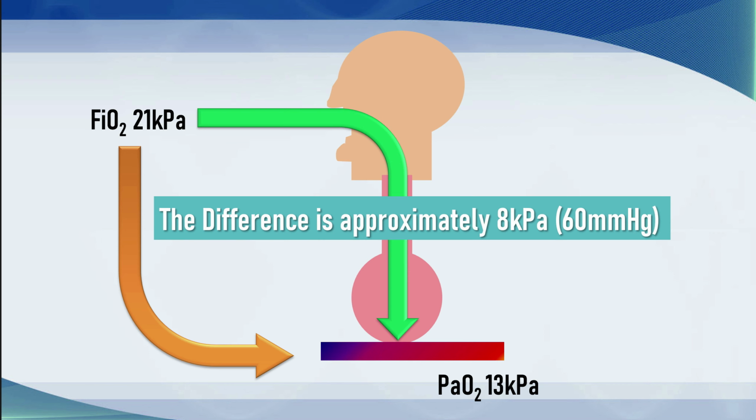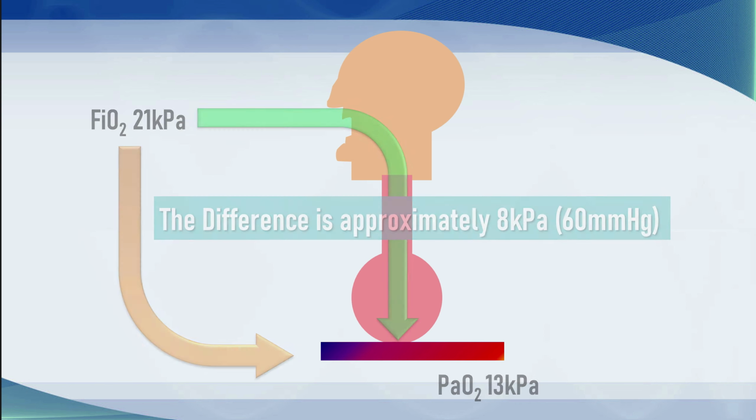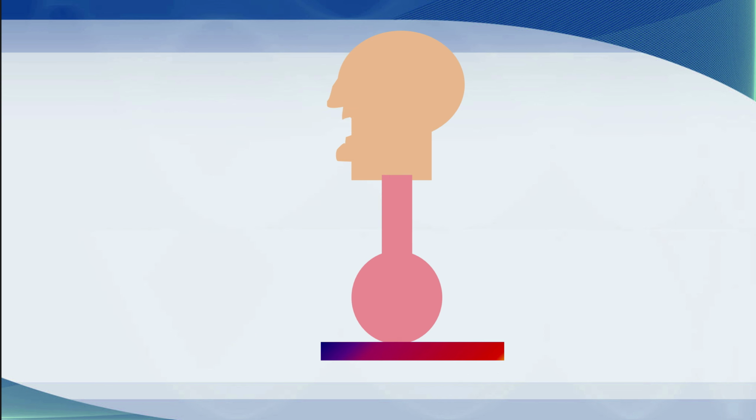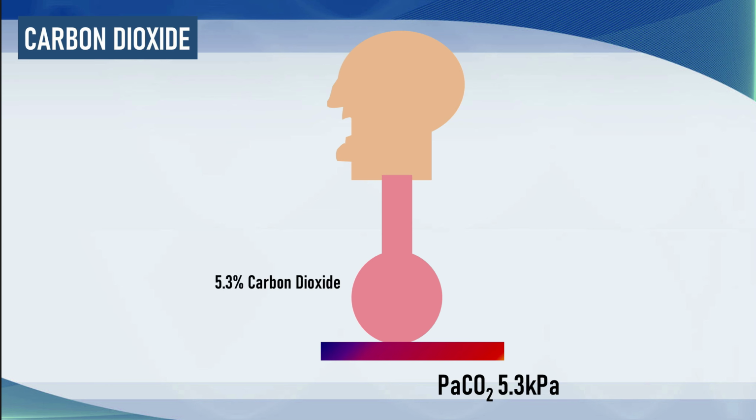So the wider the spread between the two, the more likely that the patient has atelectasis or some form of lung disease. And likewise, we know because of all of this that carbon dioxide follows the same path: if the partial pressure of carbon dioxide in arterial blood is 5.3 kilopascals, then the partial pressure of carbon dioxide in the alveoli, assuming there isn't a lot of dead space due to too much PEEP or hypoventilation, is 5.3 kilopascals.